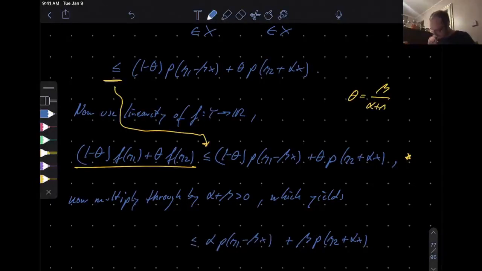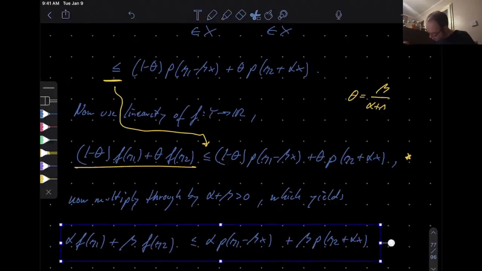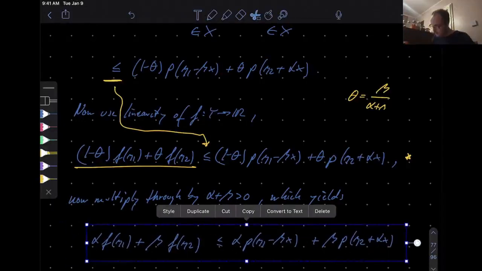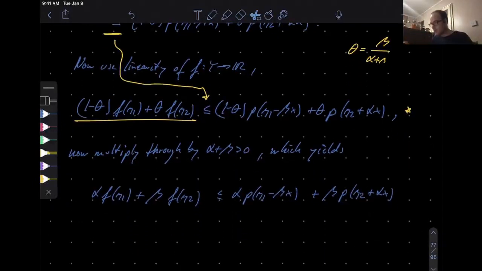And then the same prefactors, so alpha f(y1) plus beta f(y2). Okay, that's what you get here. And this is precisely the stated inequality after rearrangement.